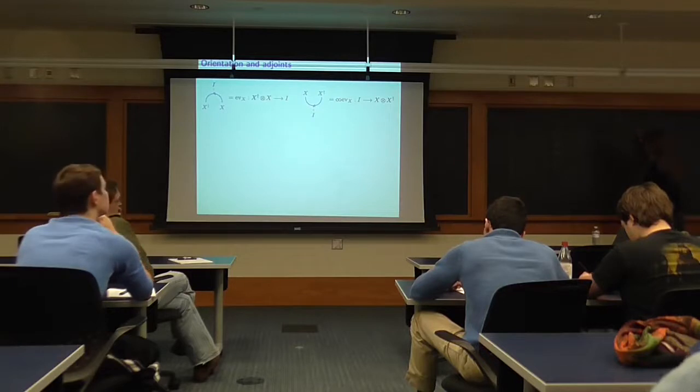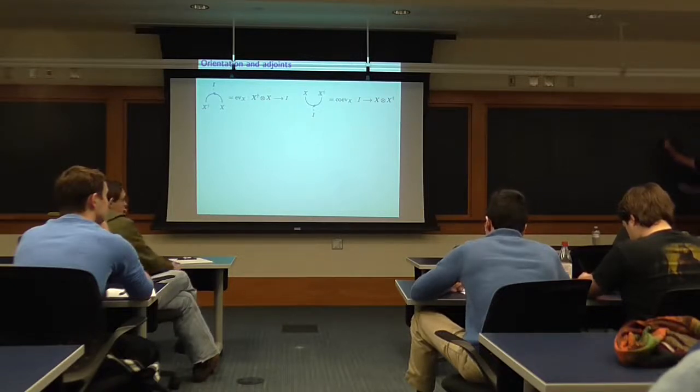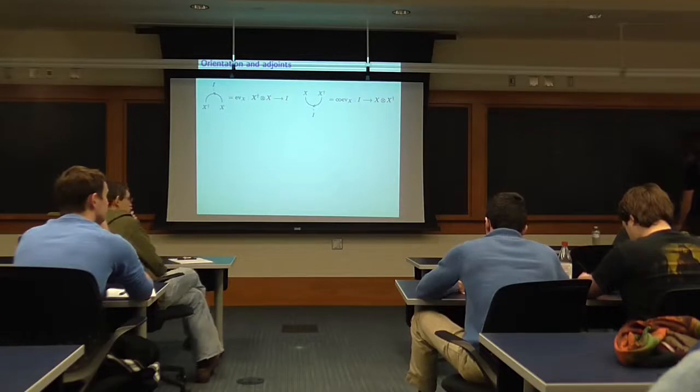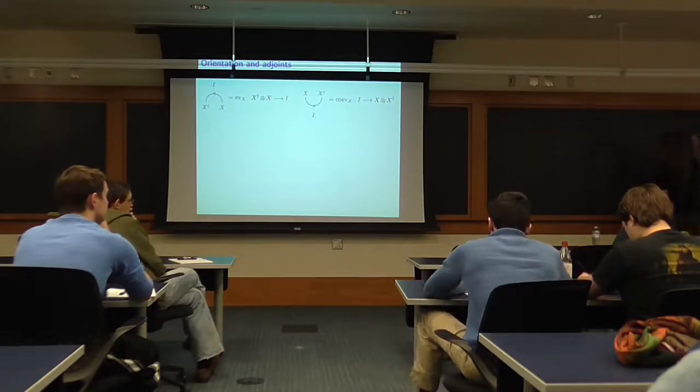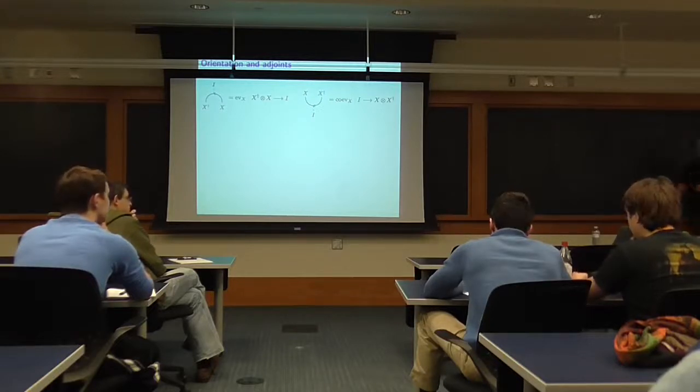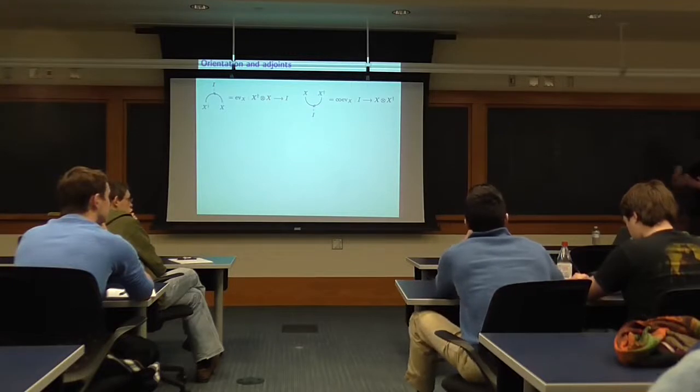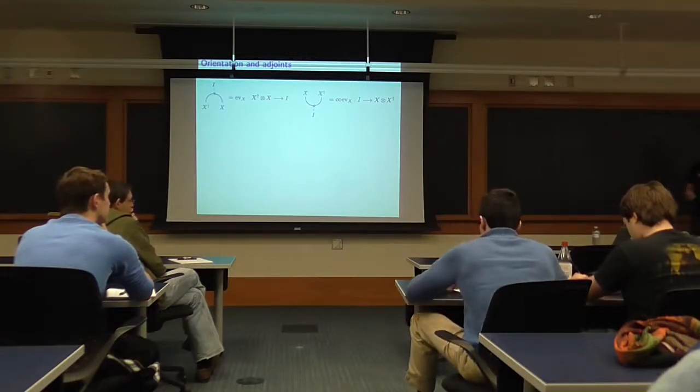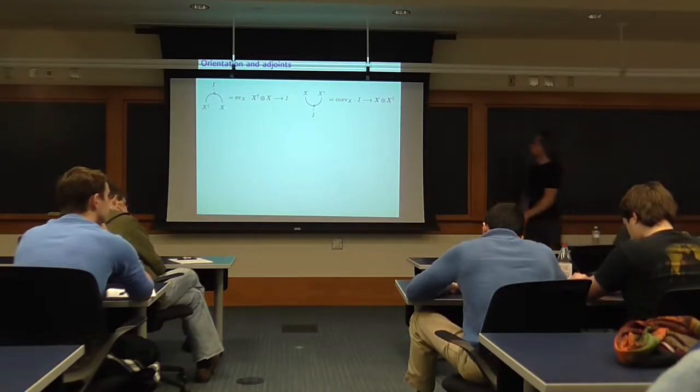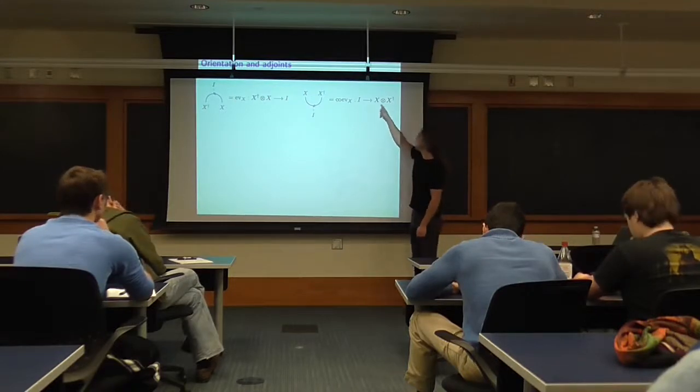Then the evaluation applied to e_i star tensor e_j will be the evaluation of the functional e_i star on the vector e_j, and of course this is delta_ij, and this is a number, and C is now the unit, right? Because if you have any vector space and tensor over C with C, you get the same space again, up to a very trivial isomorphism. Now the co-evaluation will be a map from the complex numbers to the vector space X tensor X dagger.